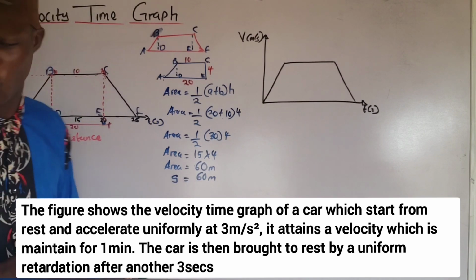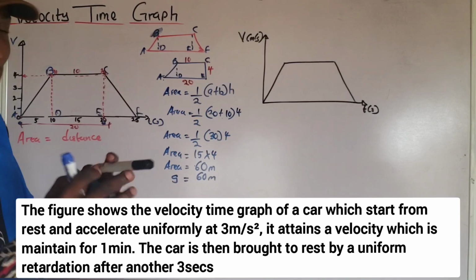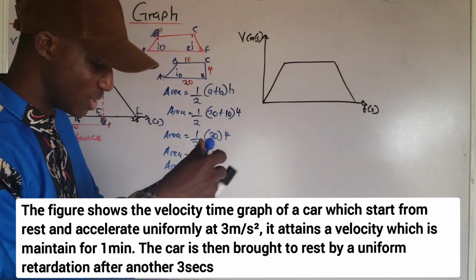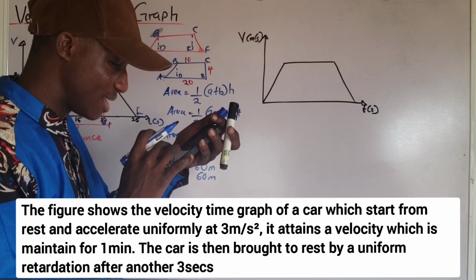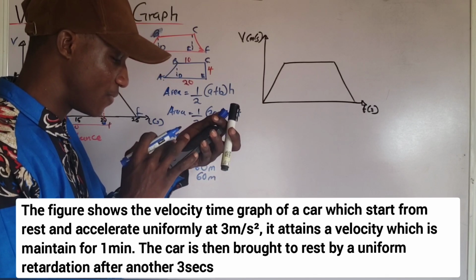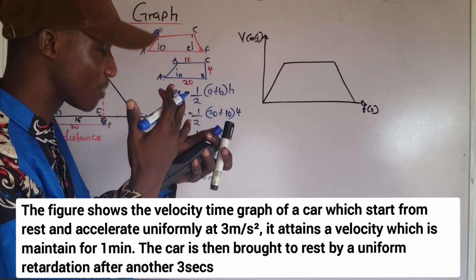Now, let's start our solution. Please, I want you to pay attention, okay? All you have to do is just be attentive. Let's start with the first parameter that we're given. This figure shows the velocity time graph of a car which starts from rest.